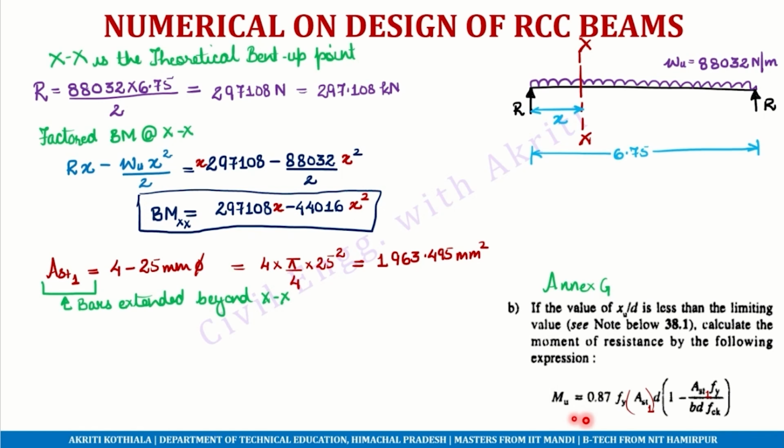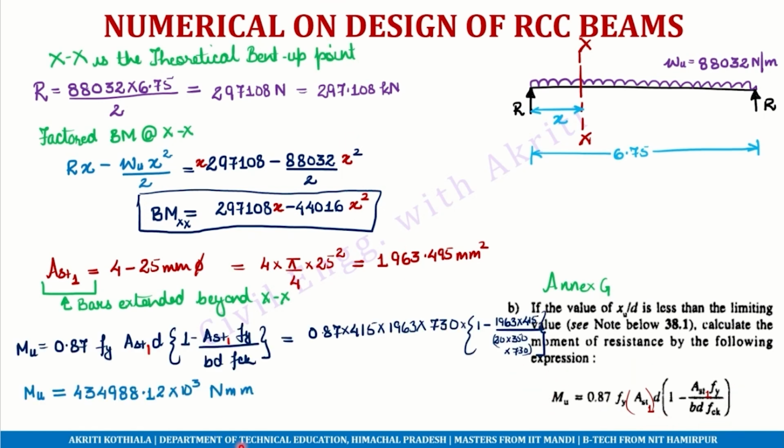So substituting the values in this formula, we obtain the moment of resistance equal to 434988.12 into 10 to the power 3 Newton millimeter, which can be written as 434988 Newton meter.